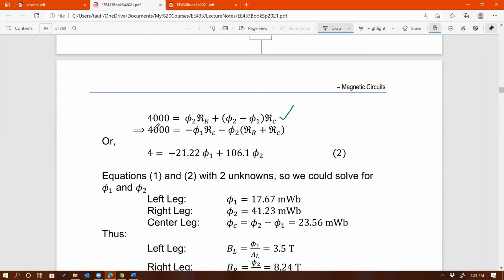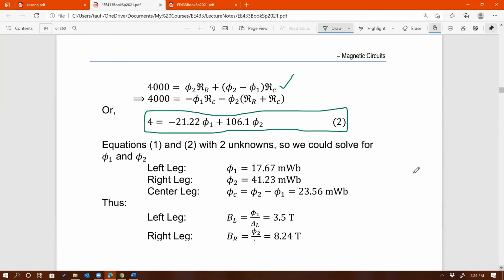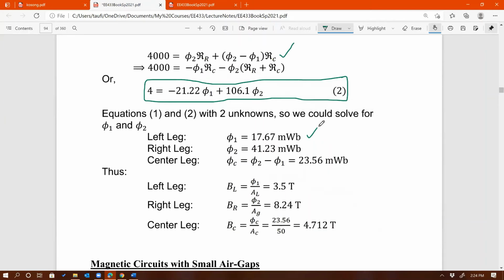So if I arrange the equation, rewrite it in the same way as equation number 1, then now you can see that we have another equation with two unknowns, right? The same two unknowns, flux 1 and flux 2. So if you combine it with equation number 1, you should be able to solve for flux 1 and flux 2. In this case, flux 1, the answer is 17.67 milliweber.